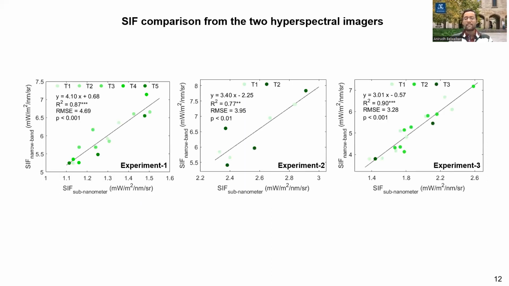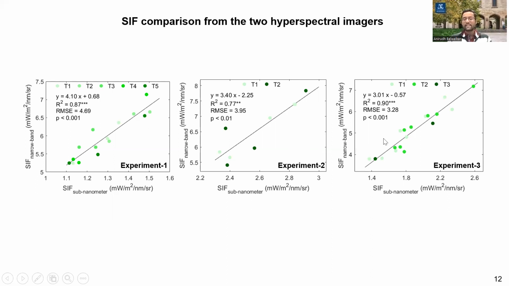Now the results corresponding to the 3 nitrogen treatment experiments. So the absolute SIF levels quantified by both hyperspectral images were affected by the spectral characteristics, as they showed root mean square error in the range of 3.28 to 4.69.